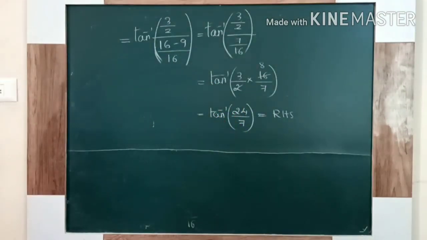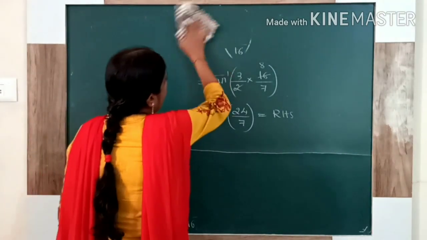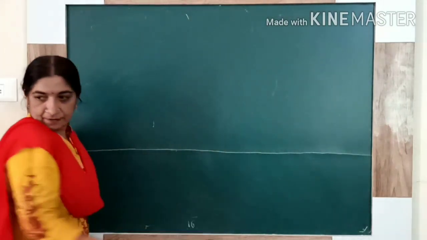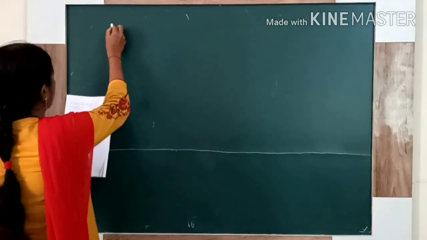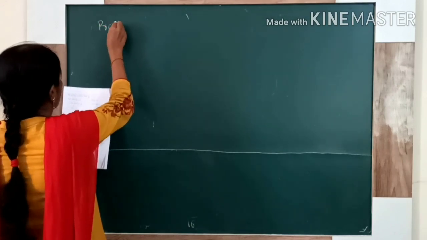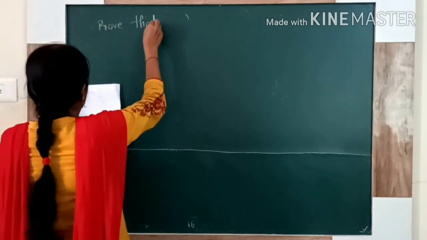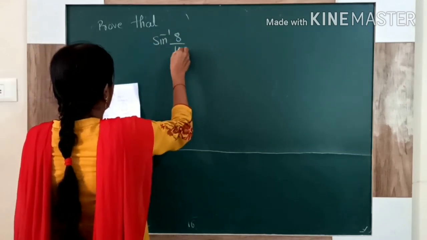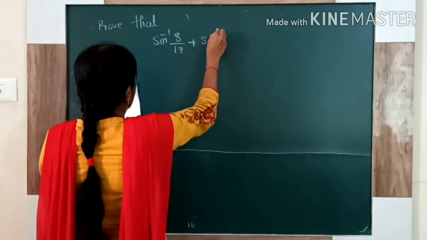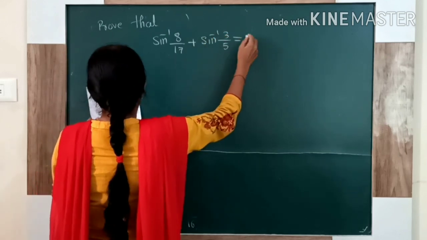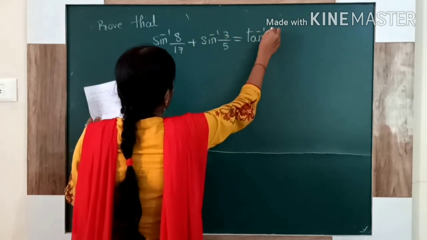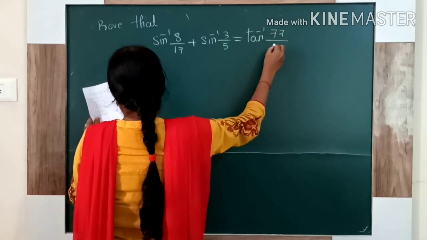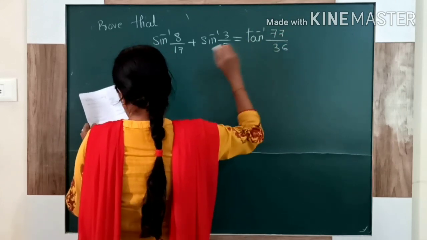Next example. Sin inverse 8 by 17 plus sin inverse 3 by 5 is equal to tan inverse 77 upon 36.